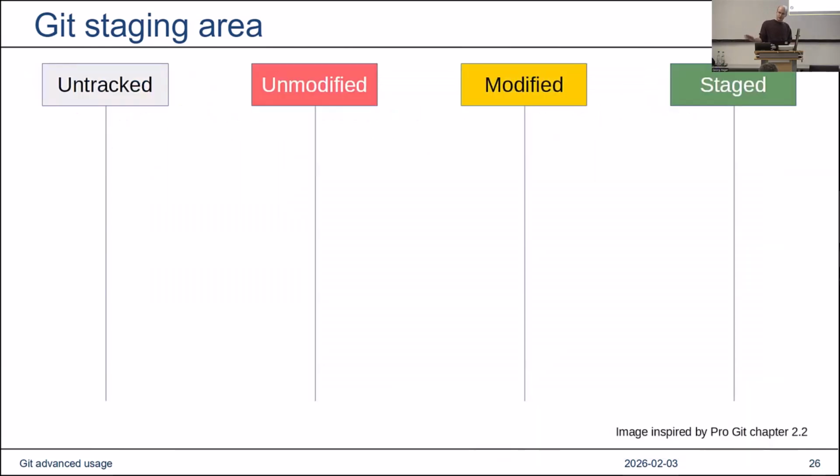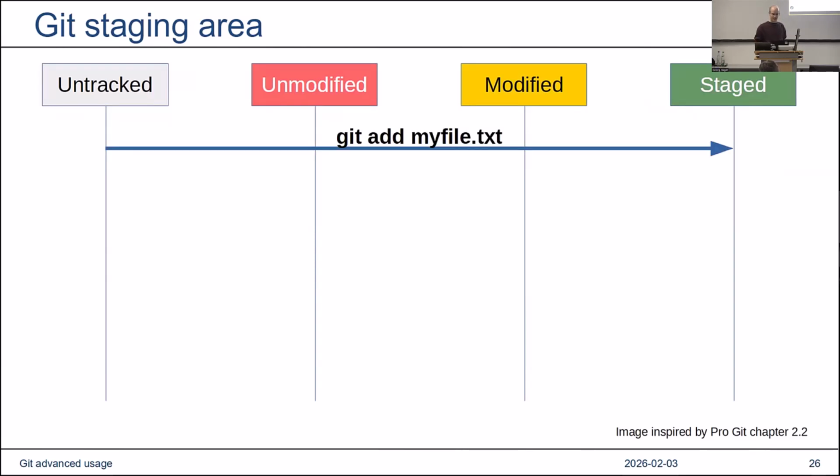And to better understand what the staging area actually is, it's basically just this column all the way on the right. And how do we move from these different states to one another? Well, if we have an untracked file and we type git add, well, it becomes staged for commit. You may know that. And I've highlighted these commands in bold, which you have probably used before.